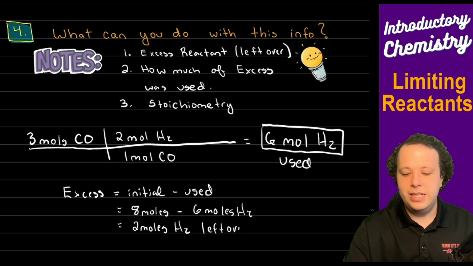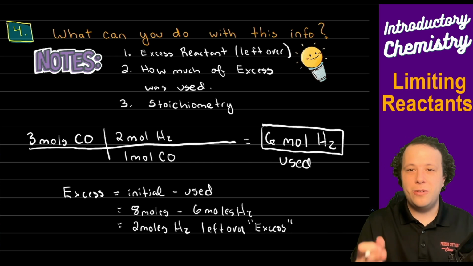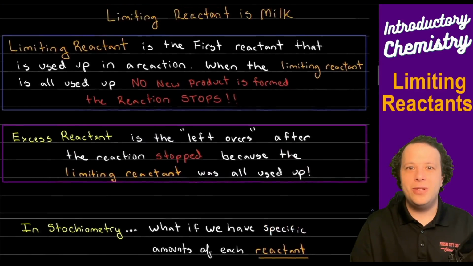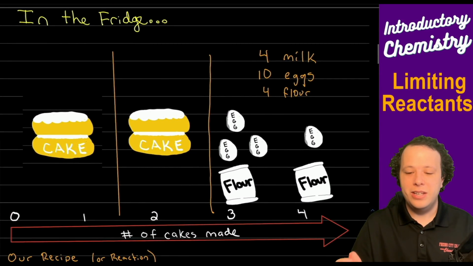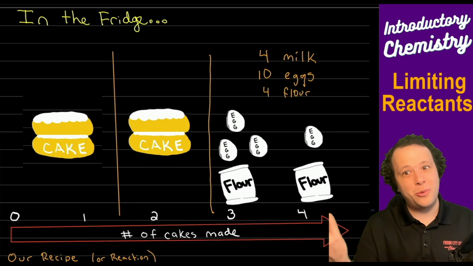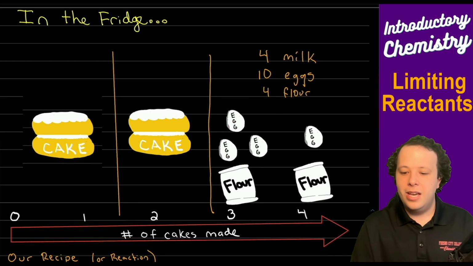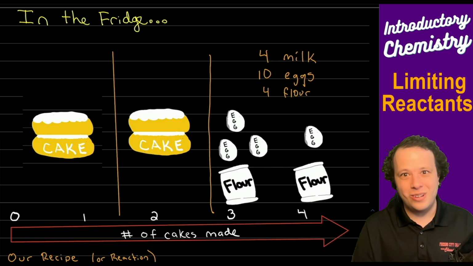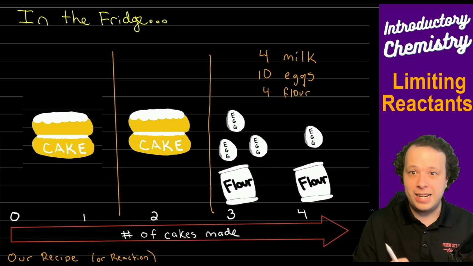So the whole idea is that when you have this excess or leftovers, it's the same thing going back to our cake analogy from earlier. In the original problem from the beginning, we had essentially 4 moles or 4 eggs left over. And we also had 2 moles or 2 things of flour that were left over, and those were in excess.